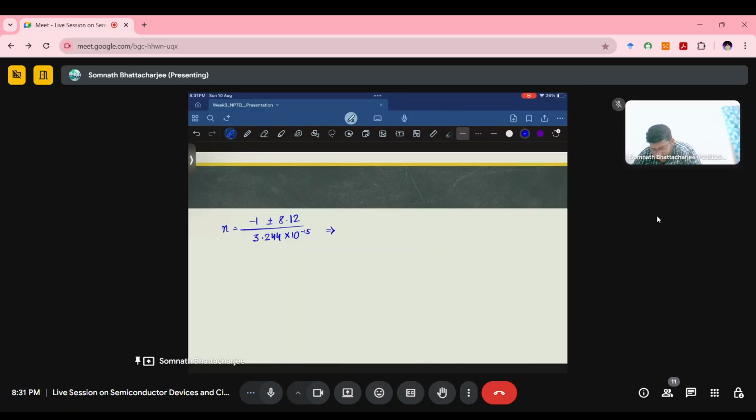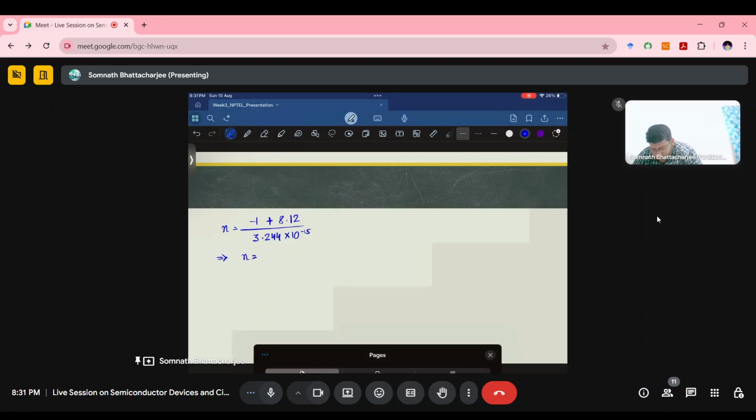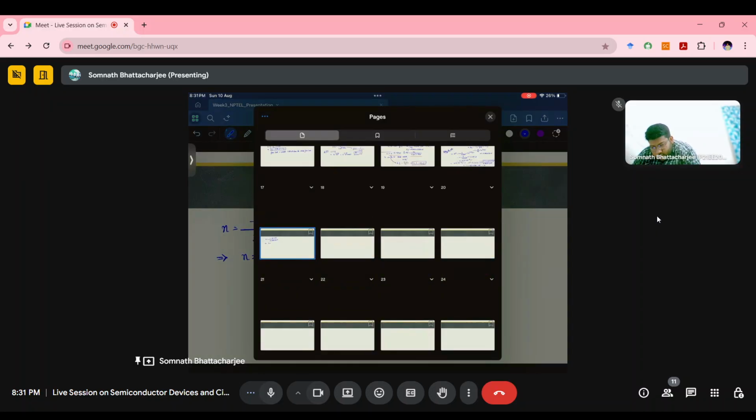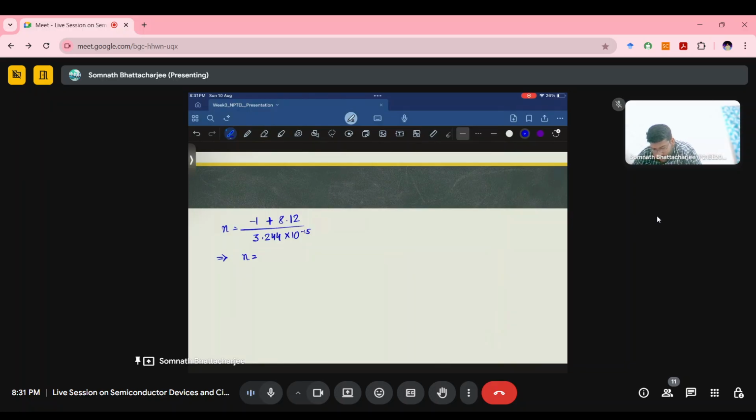As it is a real number, N equals 7.12 divided by 3.244 into 10 to the power minus 15, which is 2.1948 into 10 to the power of 15 per centimeter cube.